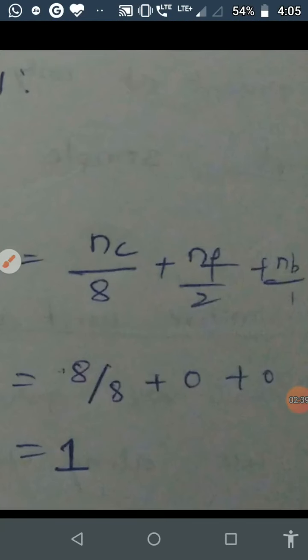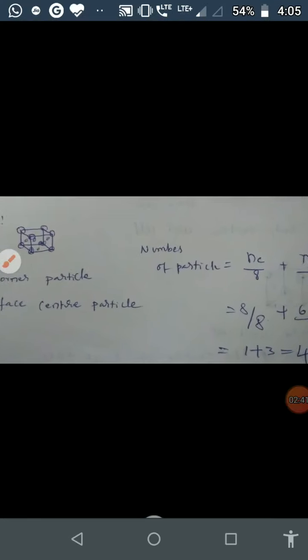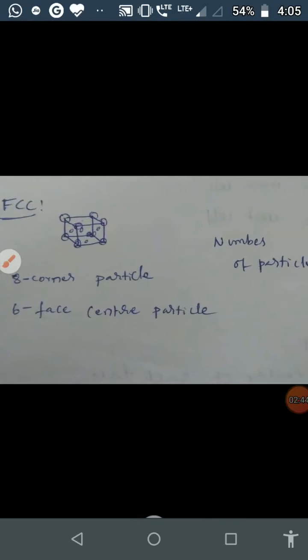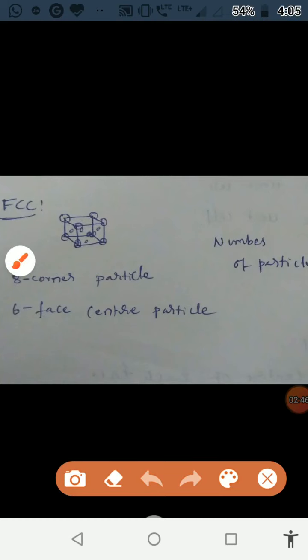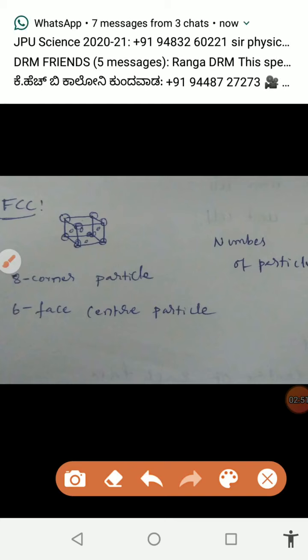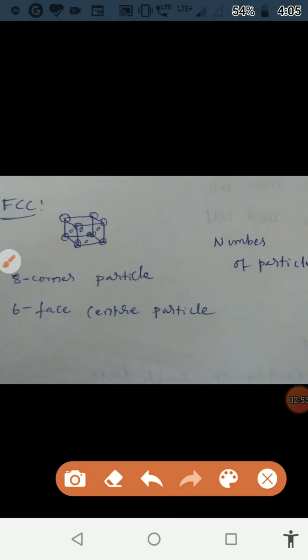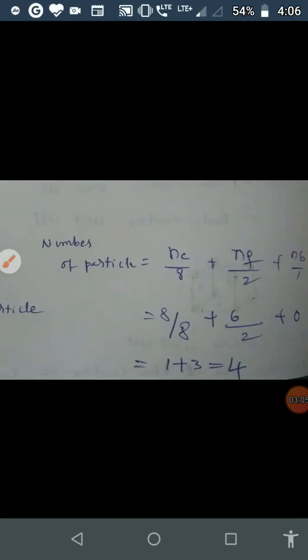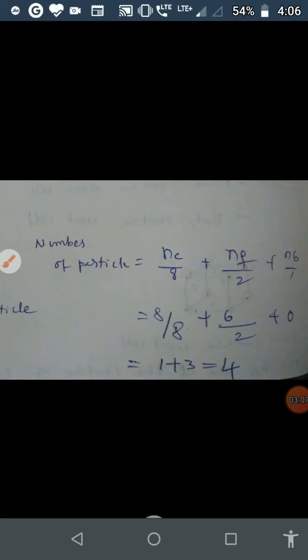Next we shall go through the number of particles in FCC. In FCC the particles are present at the corners of the unit cell as well as the center of each face. From the formula, the number of particles is equal to Nc divided by 8 plus Nf divided by 2 plus Nb divided by 1.